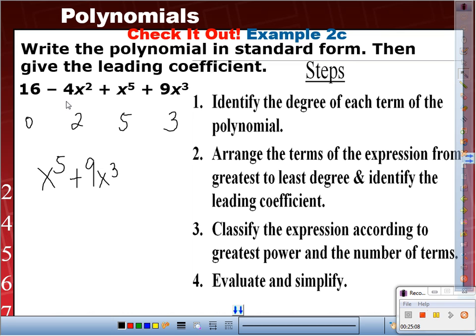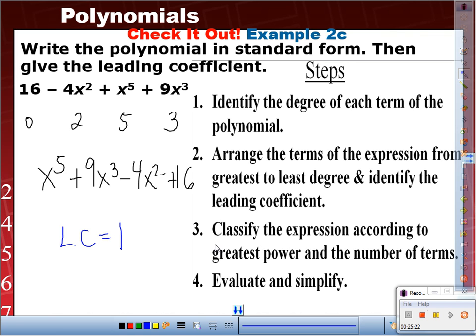What's my next one? Minus 4x squared. And what is my last term? Plus 16. Hands up if you got that as standard form. That is correct. So our leading coefficient is 1. Why? Because we look at the first term, and what is the invisible number there? 1. We got it?